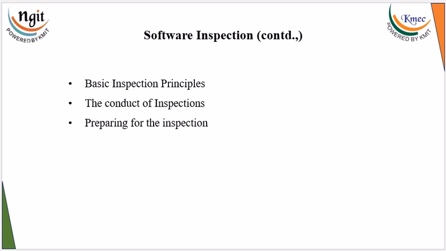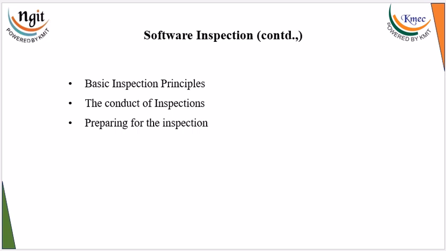And next, the focus of this particular inspection is to identify problems but not to resolve any particular problem that arises in your organization. So this particular inspection is supposed to be conducted by technical people for technical people only. How this particular inspection is conducted is discussed under the conduct of inspections.